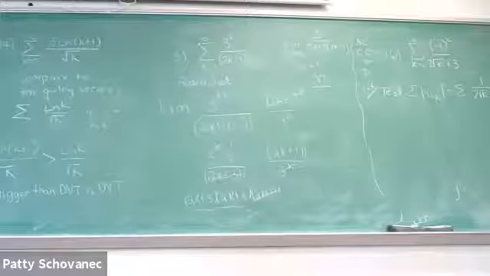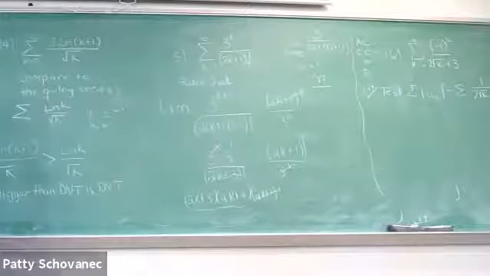And how would you test that one? A comparison test with the P series, 1 over 2 to the k. You don't have to keep the 2 if you don't want to. If you just throw away the 2, then you probably need to do a limit comparison, don't you? Do a limit comparison.